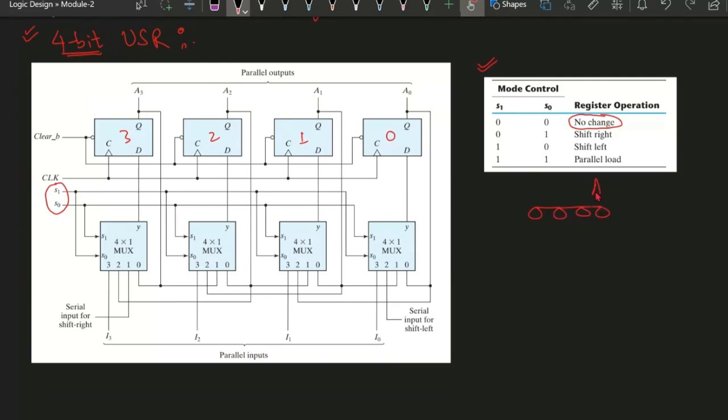Then the same 0 will be given again to the D flip-flop, so the output will be 0 only, because in a D flip-flop, if we provide 0, the output will be 0.